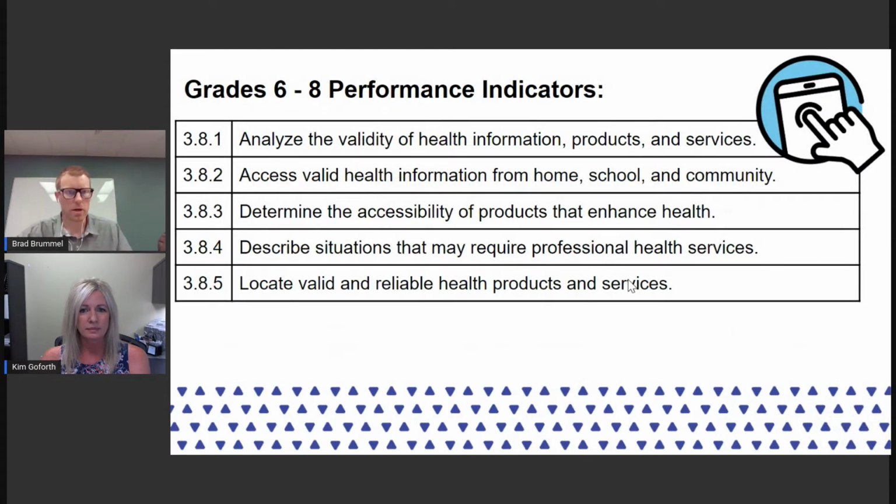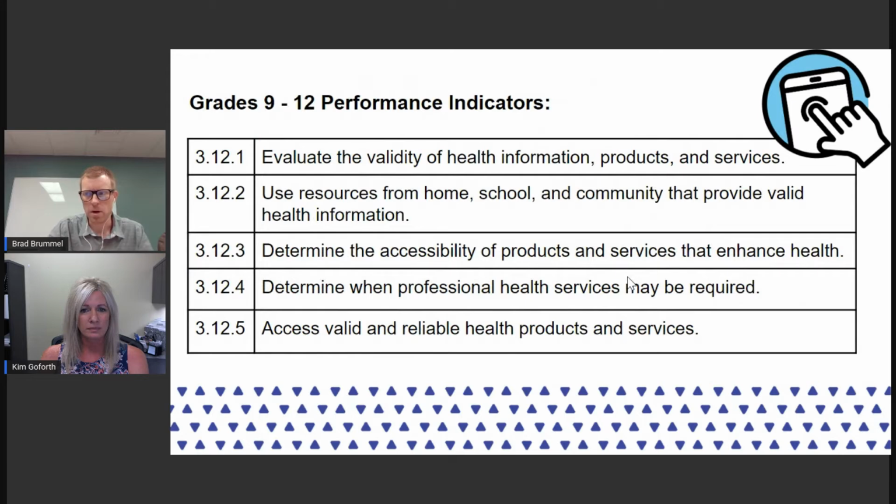So we're just going to take a quick look at the performance indicators. You'll get a chance here to dive deeper and explore your grade span in a second. But I just wanted to take a second. We always try to look at the difference in some verbs here. If you look at performance indicator 1, you'll see the verb analyze. And then if we go to high school, you'll see evaluate. So you see a little difference in the verb. Other than that, they're pretty similar.